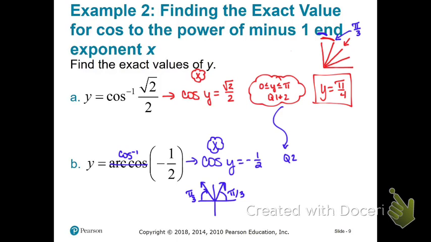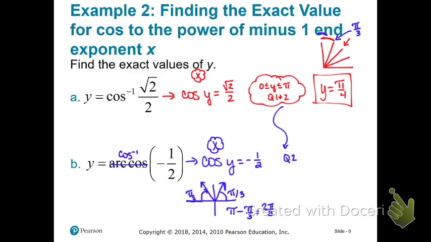So how are we going to find that quadrant 2 angle? It's pi over 3 before the pi, isn't it? So we're going to take pi and subtract pi over 3. Why are you subtracting it? Because it's before it.